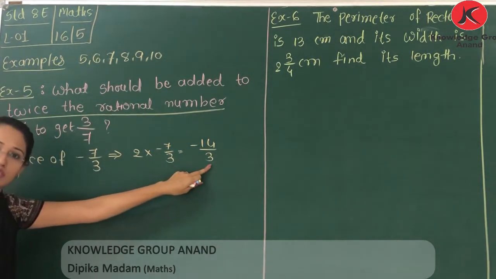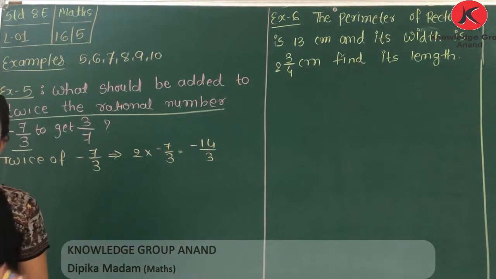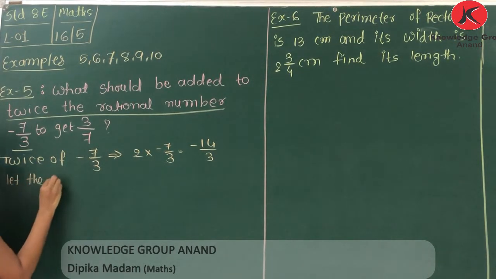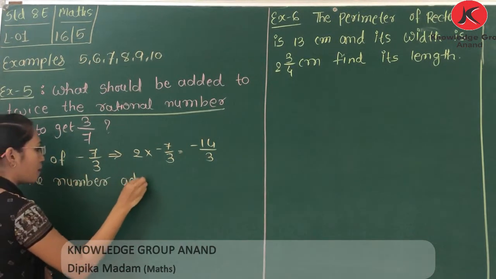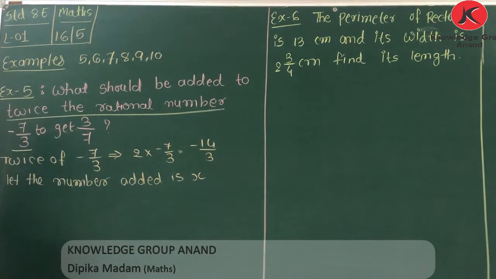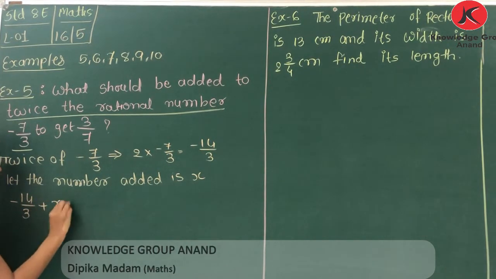Okay, now what should be added to twice of the rational number? Twice of the rational number is this one. In this rational number you need to add something. Which number should we add? That is not given. So let's say the number added is x. If the number added is x, then you can write -14/3 plus x.